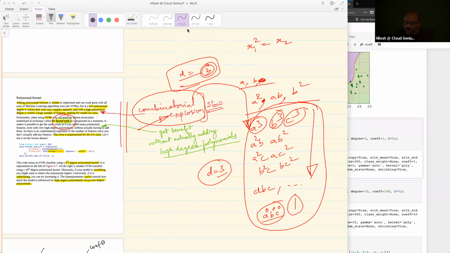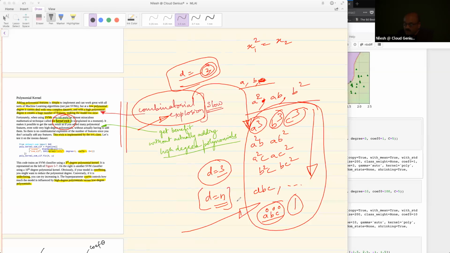But there is a trick, and that trick is implemented in support vector machines, in that you get the benefit of actually going to a higher order polynomial without making your algorithm slow down and without making it deal with the combinatorial explosion of factors in your multi-order polynomial.